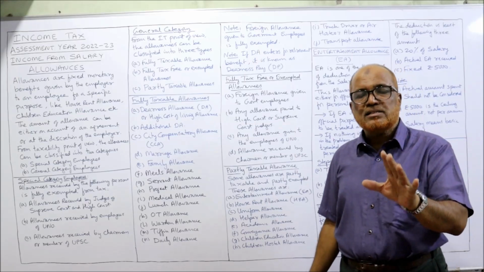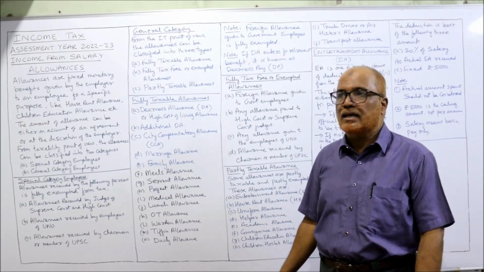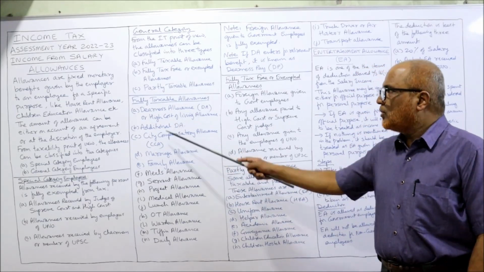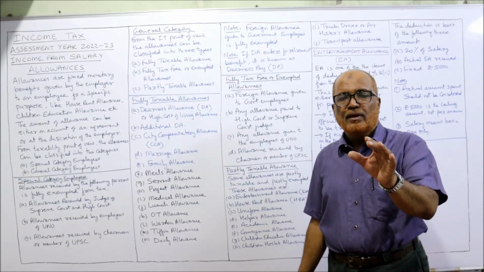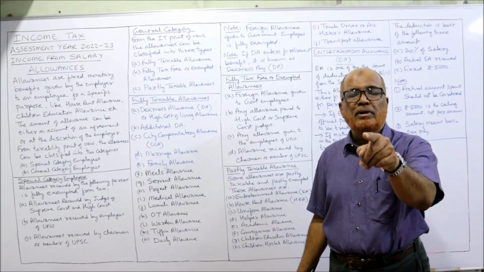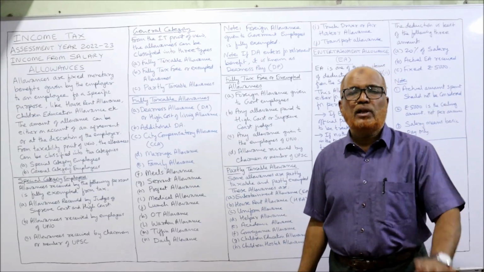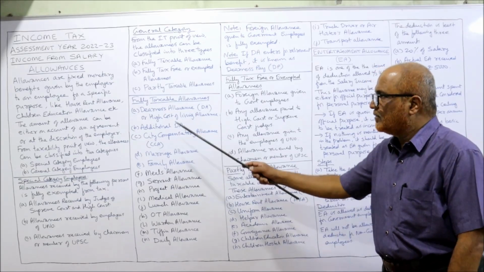The Income Tax Act has given provisions on which allowances are partly taxable and partly exempted. Now, first of all, fully taxable allowances. Concentrate here. When we do problems, if these allowances appear, you should immediately say that this allowance is fully taxable. So which are the examples of fully taxable allowances?